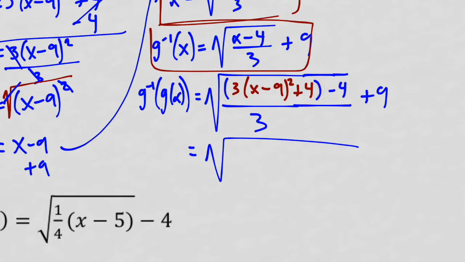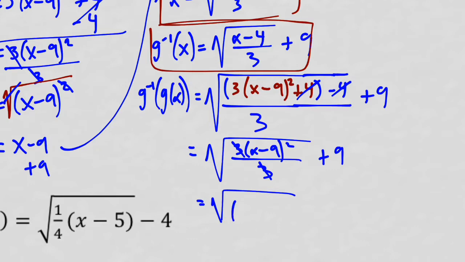So the 4 and the 4 are going to cancel out. That leaves you with 3 times x minus 9 squared over 3, and then plus 9 is outside. Next thing to cancel is the 3's. So it's square root of x minus 9 squared, and then plus 9 outside.